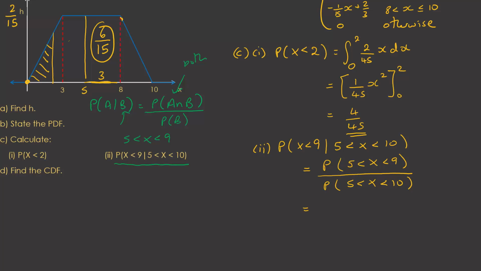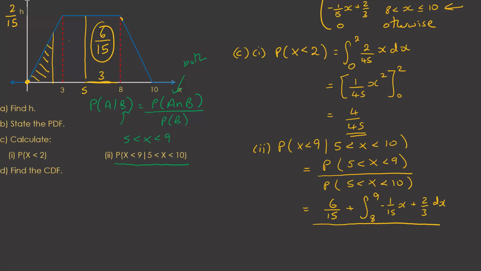So the top here can be 6 over 15 plus the integral from 8 to 9 of this final section. So that's going to be negative 1 over 15x plus 2/3 dx.